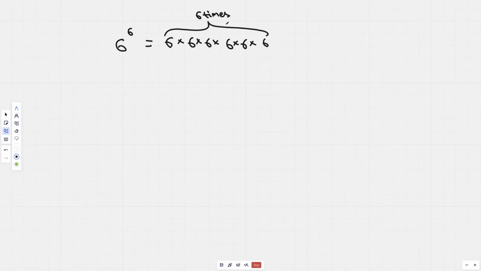This is just the general meaning of the powers of the indices. a^n is equal to a multiplied by a multiplied by a, and so on, multiplied n times. So this is the meaning of the powers.